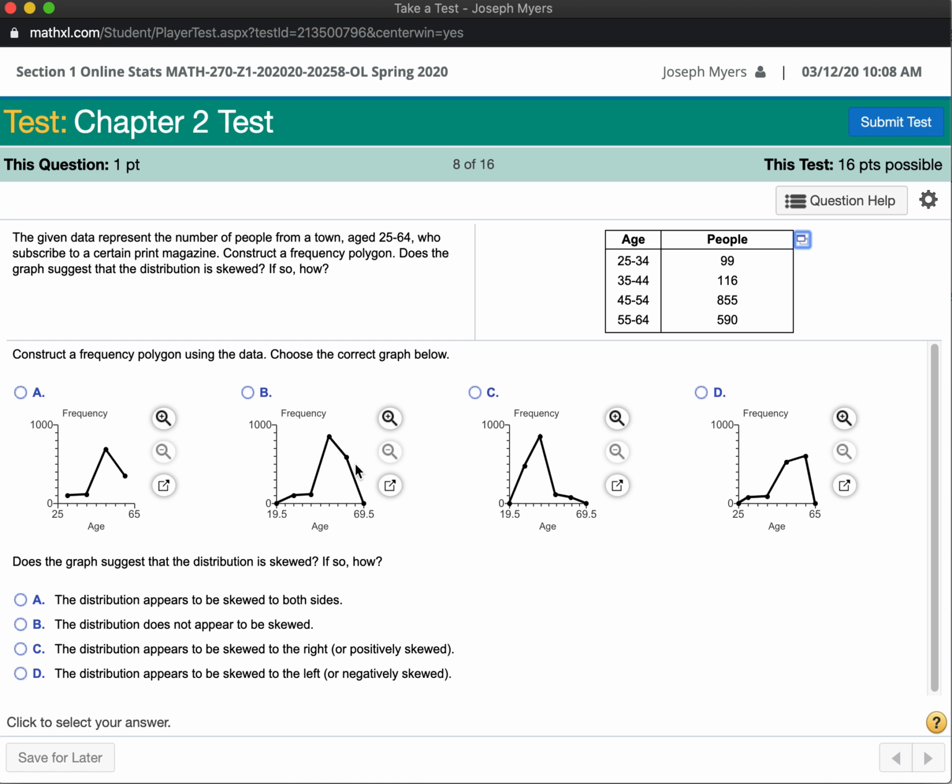So age 45 to 64. So 99, 116, 794, 647. Okay, let's see here.